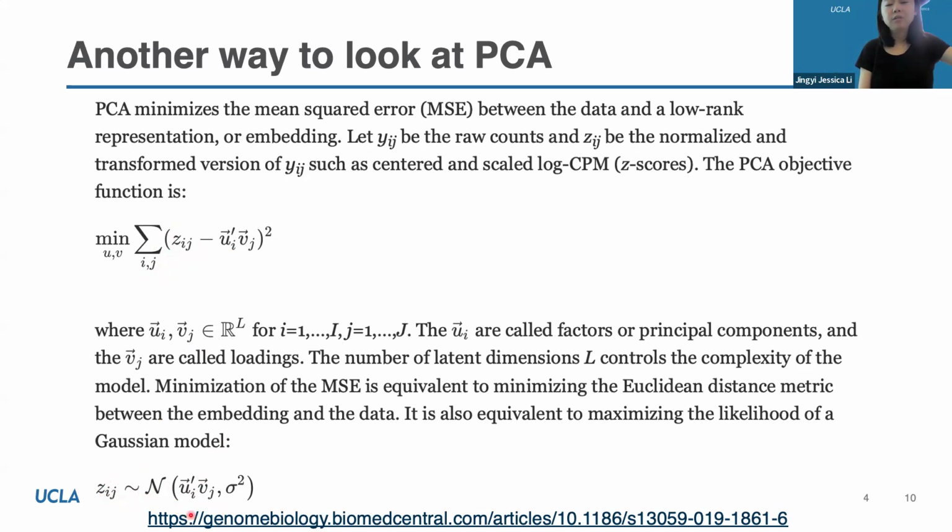So Zij follows a Gaussian distribution with this reconstruction part as its mean, with some variance sigma squared. So basically the equivalence here is that if you assume this Gaussian model and you want to do the maximum likelihood estimation for Ui and Vj, it turns out to be minimizing this MSE, mean square error.